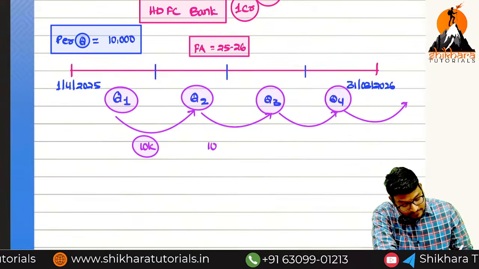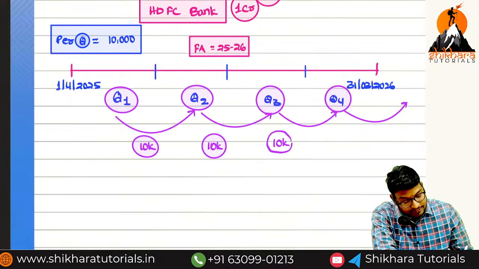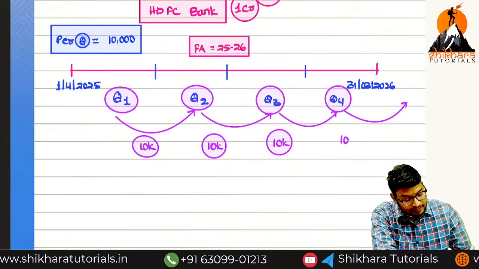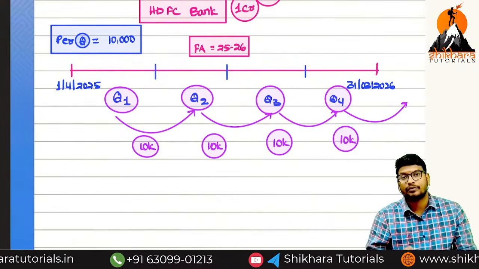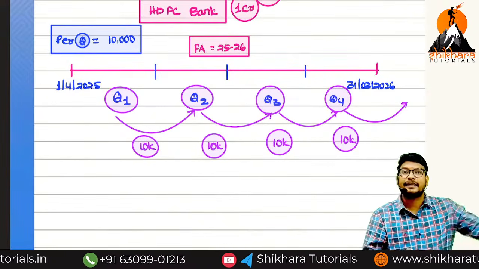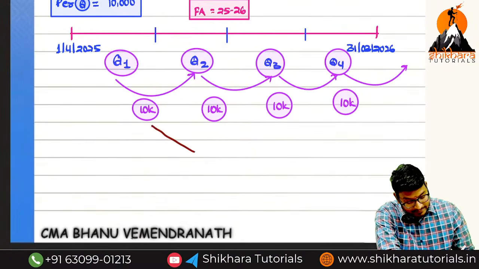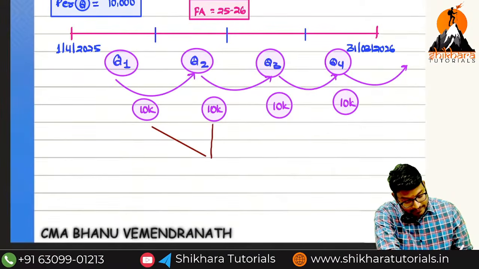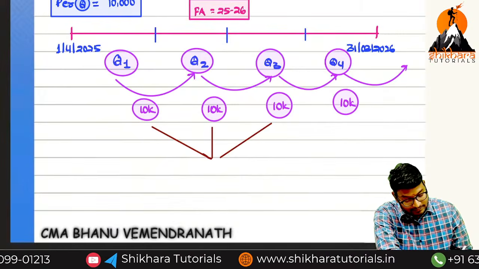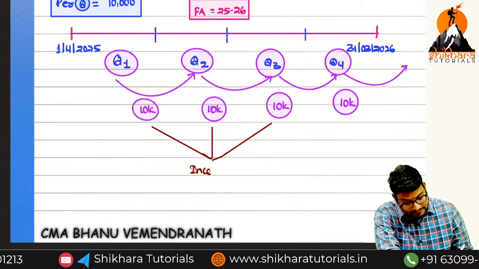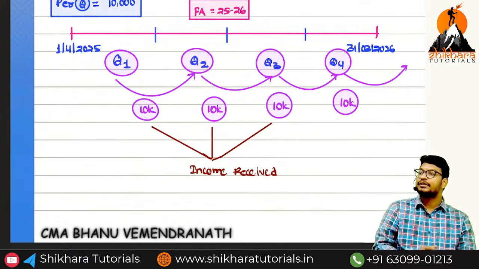And the quarter 2 interest of 10,000 we have also received during the current year. Quarter 3's 10,000 also we have received during the current year. But when coming to the quarter 4 interest of 10,000, in which year do we receive it? Next year. That means these three 10,000s we call income received, because the income of the current year we have received during the current year itself.